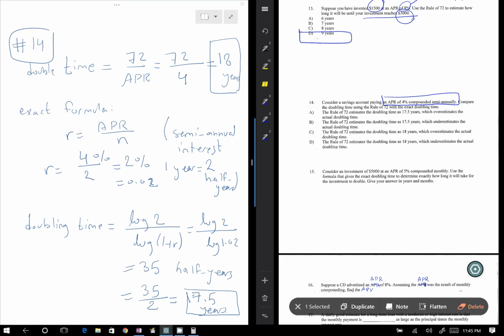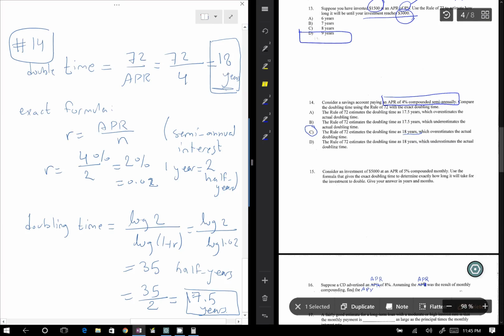So the rule of 72 estimates the doubling time as 18 years. That's what I got here, which overestimates the actual doubling time. Okay, so this is my answer.